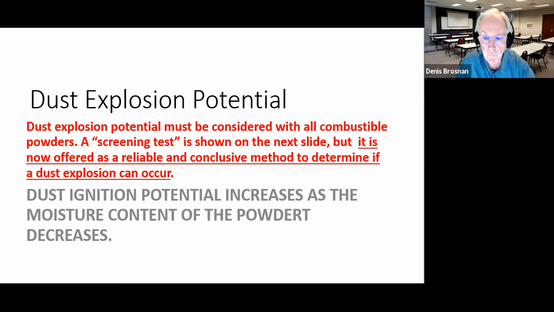And so you have to consider that any time you're handling solid fuels. I'm going to tell you a little story about what happened in the initial stages of sawdust firing in the United States, where it wasn't considered.